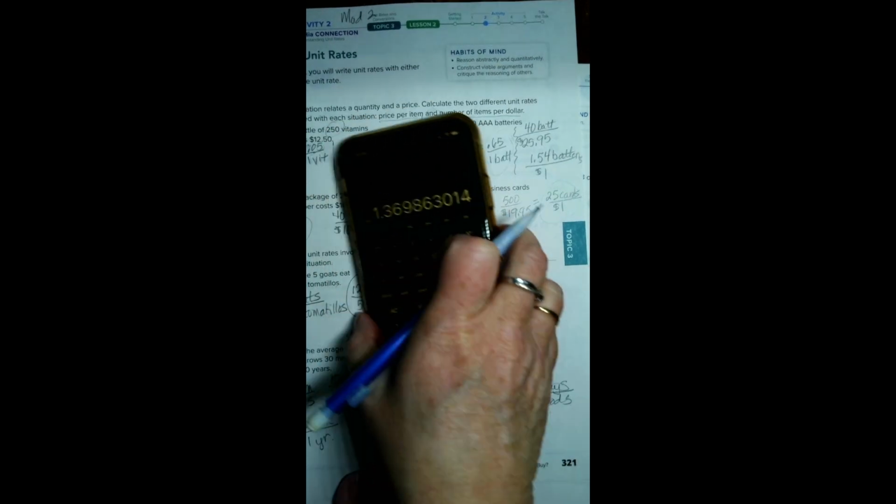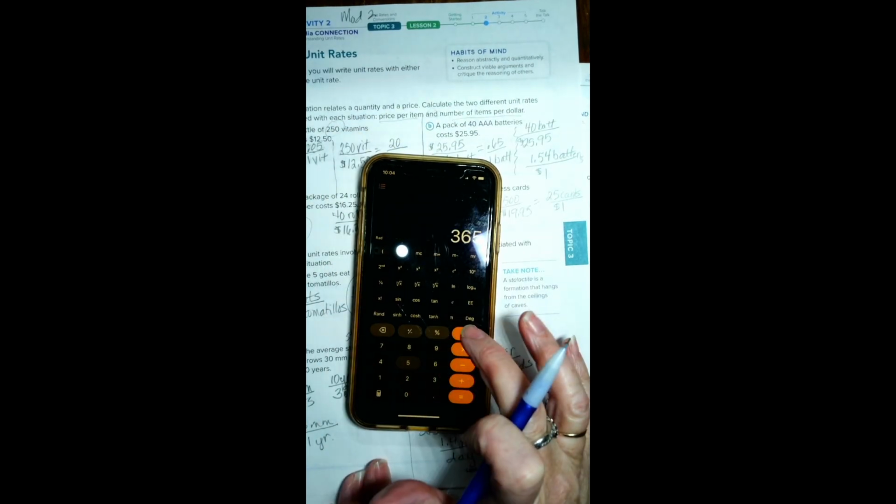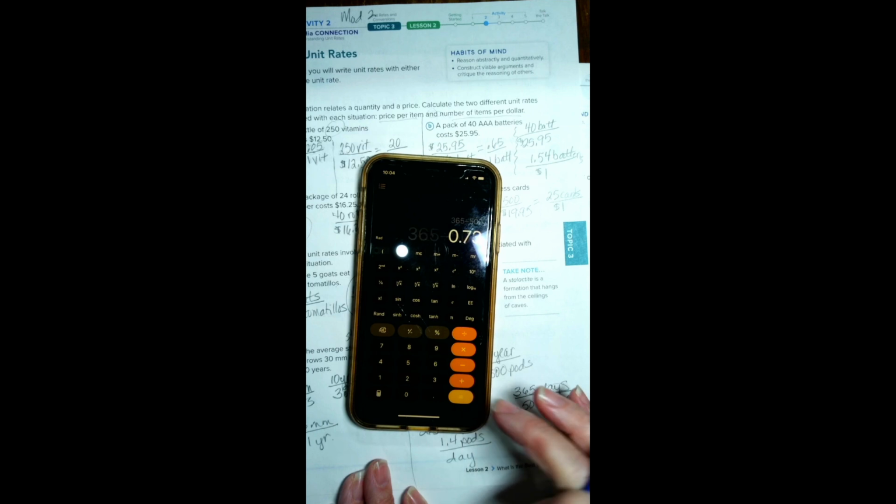If we did this, 365 days for 500 pods, 365 divided by 500, we get that it is about 0.73 days per pod, which is just kind of silly. Okay, so this one is definitely the best.